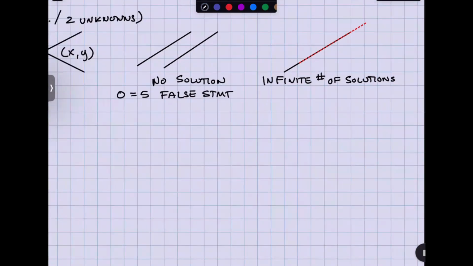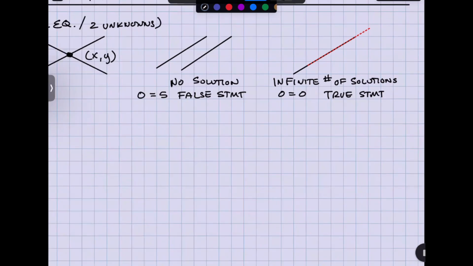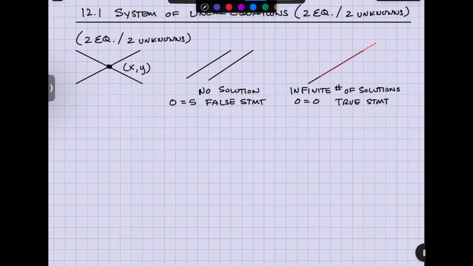Same thing happens here. x and y disappear. However, you get statements like 0 equals 0, which is a true statement. You guys remember that, yes?